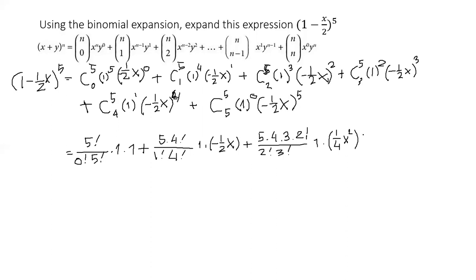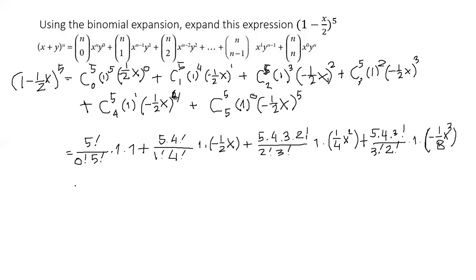Plus this is 5 times 4 times 3 factorial divided by 3 factorial times 2 factorial, and times 1 here, times negative 1/8 x cubed.